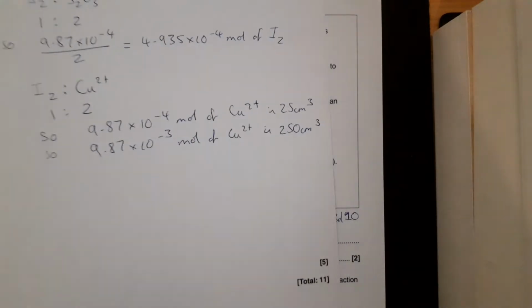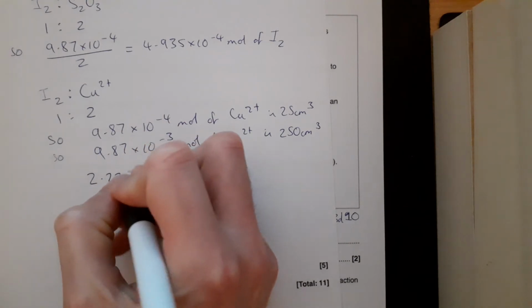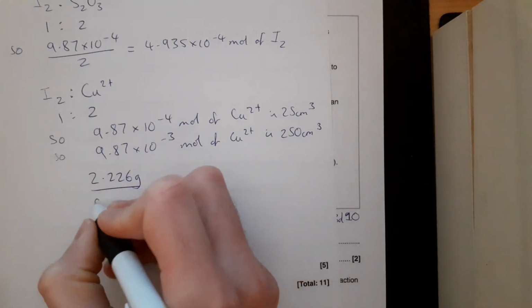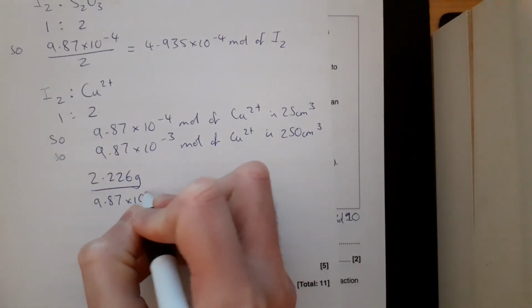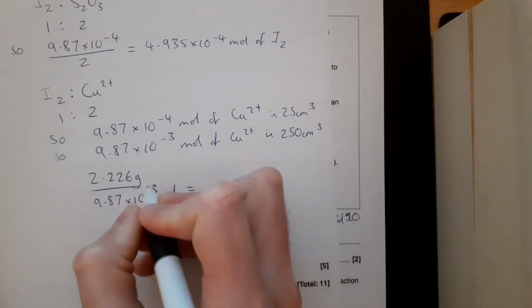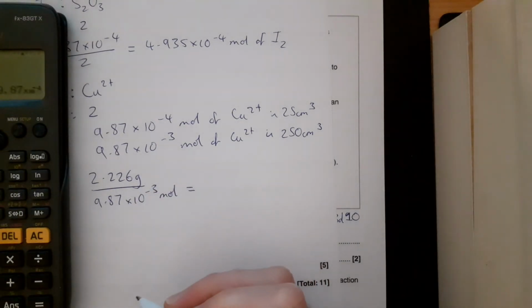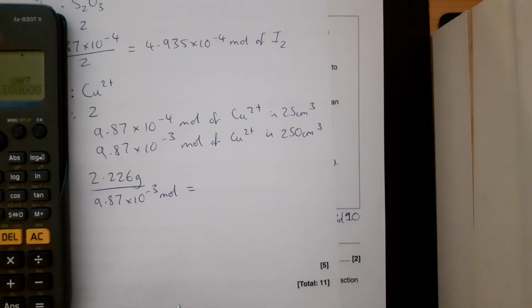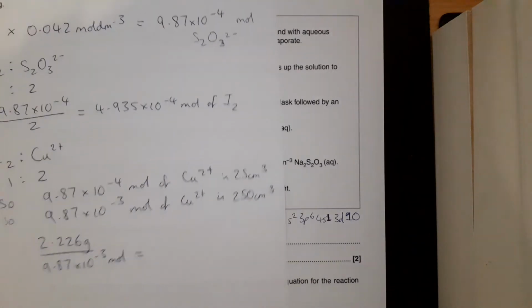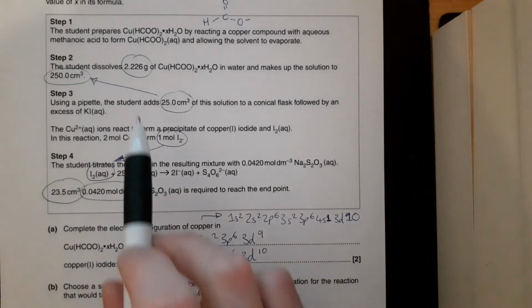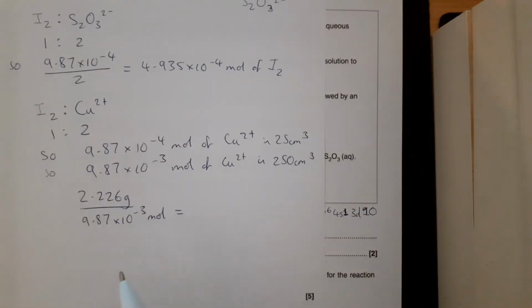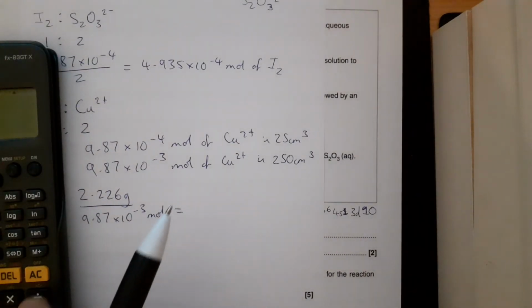So we're going to do 2.226 grams divided by this number of moles. So I need to times that by 10, and I need to do 2.226 divided by that. Oh, hang on, nearly got that wrong. 226, that is right, isn't it? Yeah. 2.226 divided by that answer.